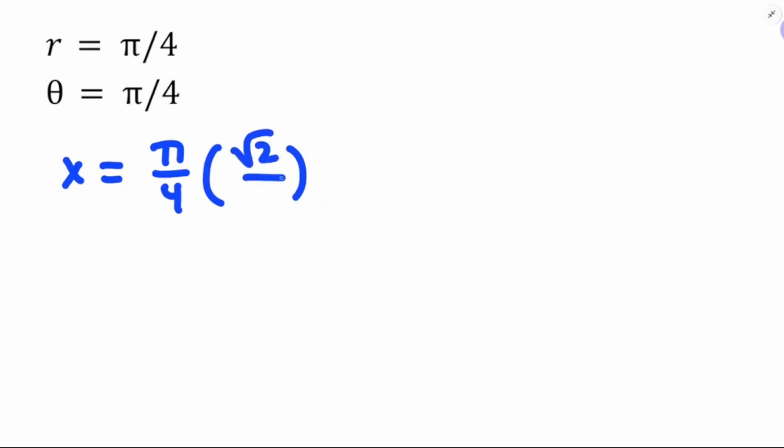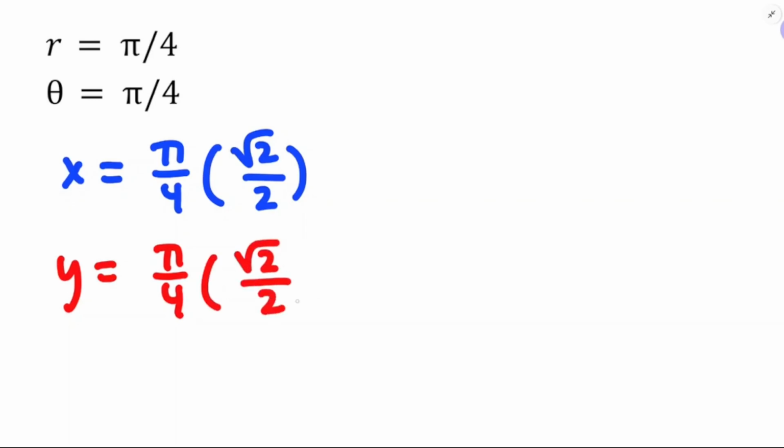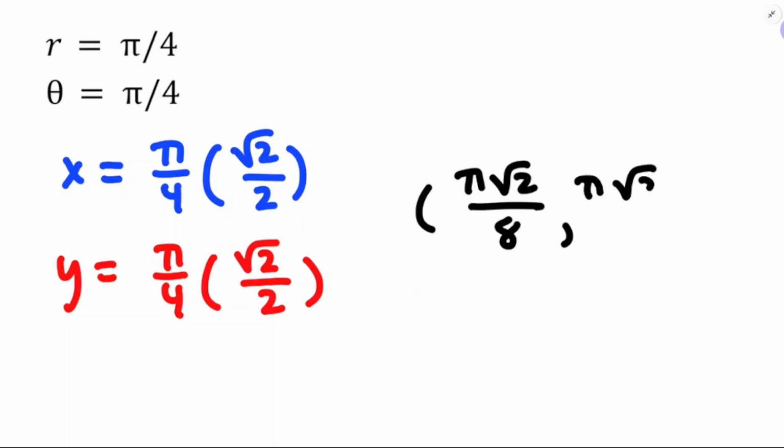And y is r sine theta, pi over 4 times sine of pi over 4, also root 2 over 2. And so I have the coordinates pi root 2 over 8 and pi root 2 over 8. That's kind of a strange example, okay, but definitely something you could be asked about.